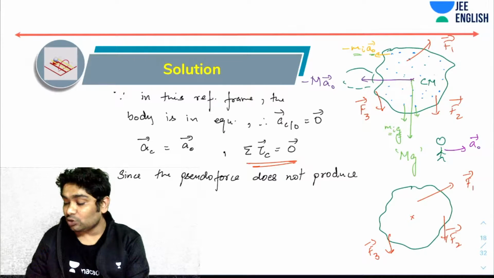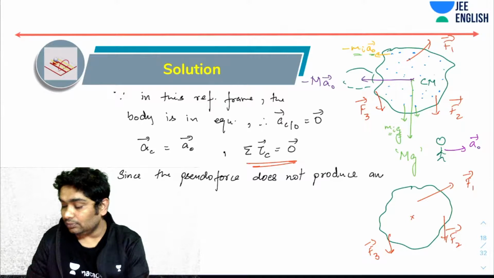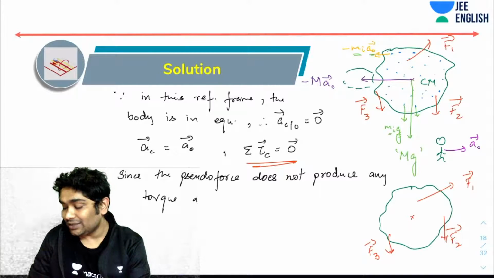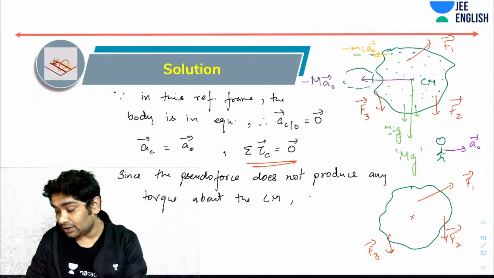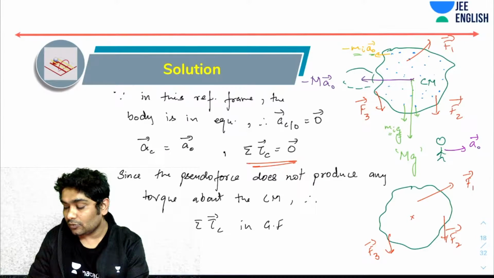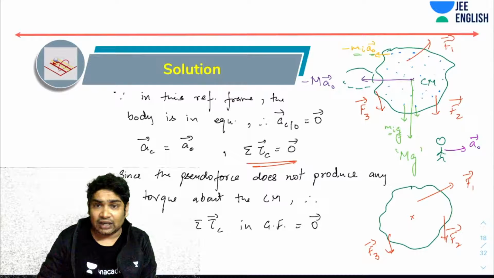So similarly, the pseudo force does not produce any torque about the CM. Therefore, I can say the summation of all the torques about CM in the ground frame would also be 0, or any inertial frame for that matter.